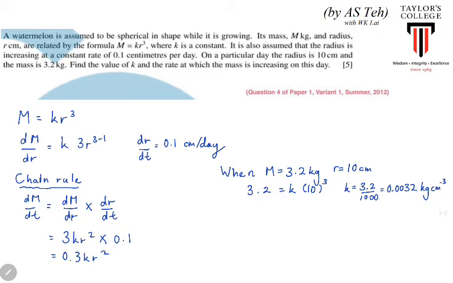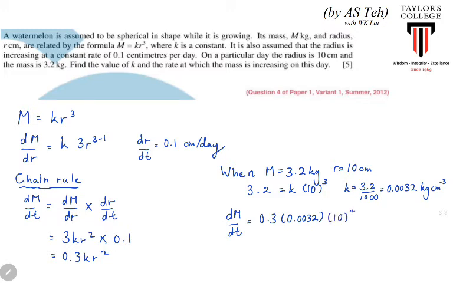Knowing this information, I can then get the specific value of the rate of change of the mass with time by substituting all the values in. So this becomes 0.3 times 0.0032 times R squared, which is 10 squared.